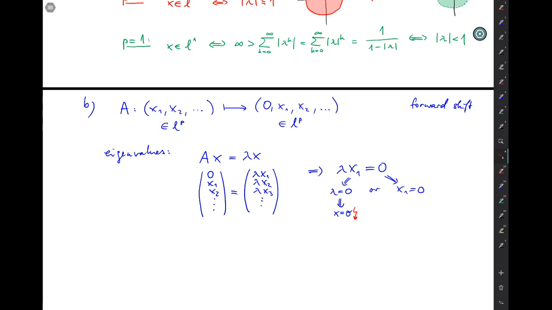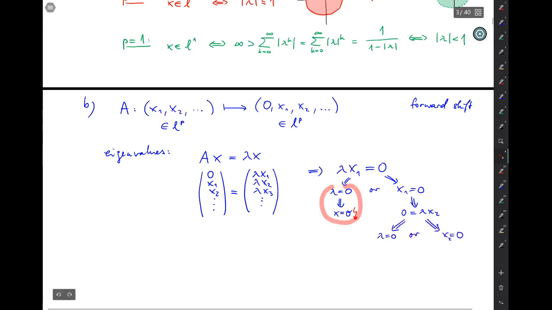So we have to follow the other road here. Okay, if x1 is 0, then let's continue with our next equation here. So now we have that lambda times x2 is 0, and again one of the two factors has to be 0. And we have already learned that it can't be lambda, so it must be the other one. So x2 is 0. But then going down here, our third component must be 0.